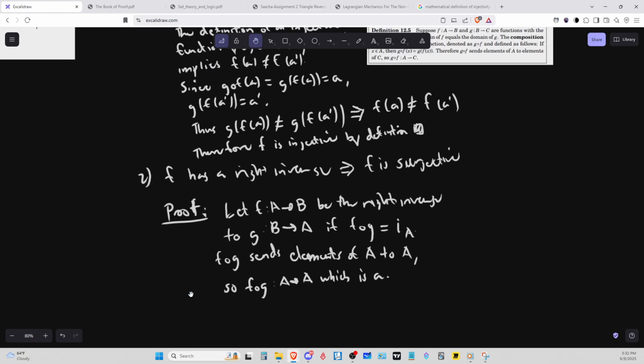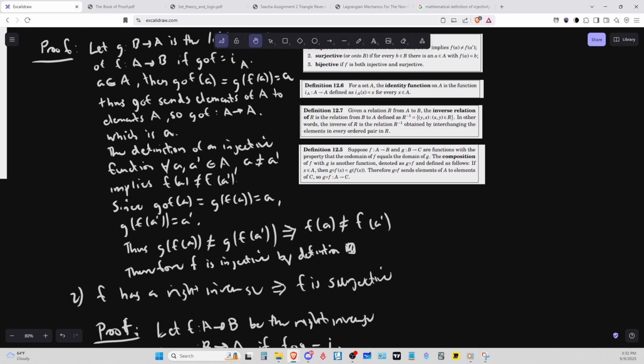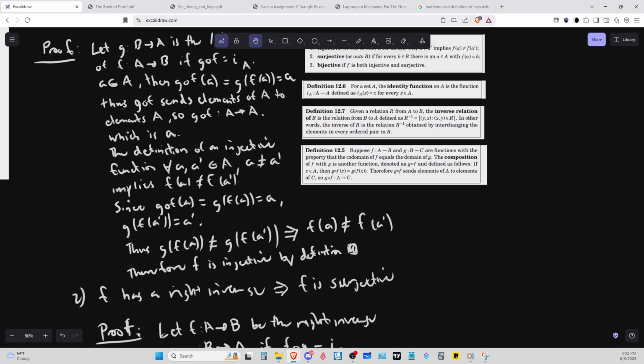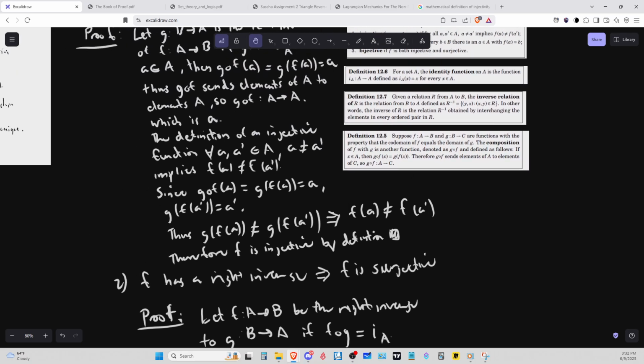Okay, so how do we prove something is surjective in this case? So, surjective. Okay. Maybe right here.